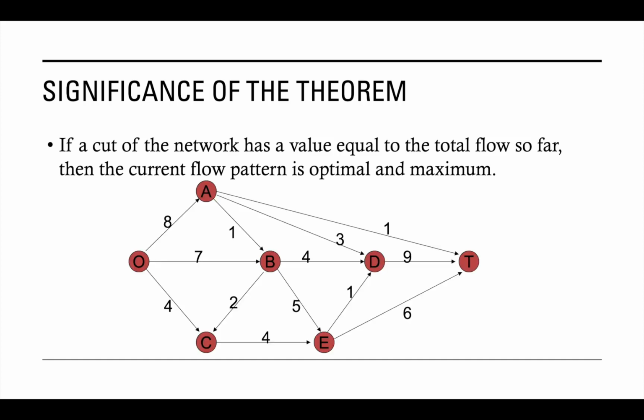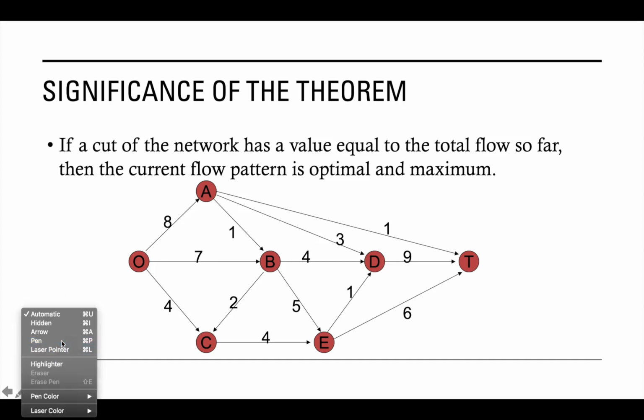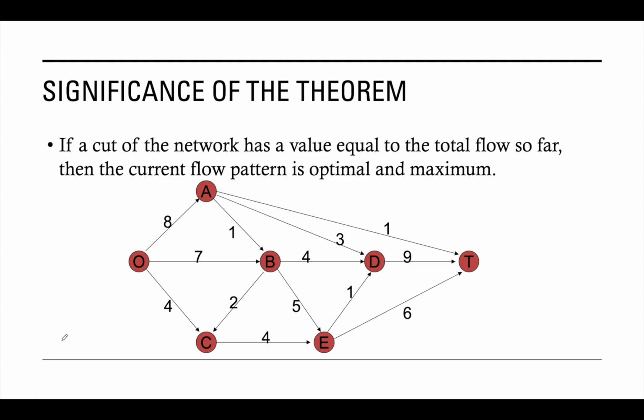Okay? Now, in here, what I have is the example that we used. And let me give you one of the cuts available in the graph. So for example, one possible cut is OA, OB, and OC. Why? Because imagine removing these arcs.